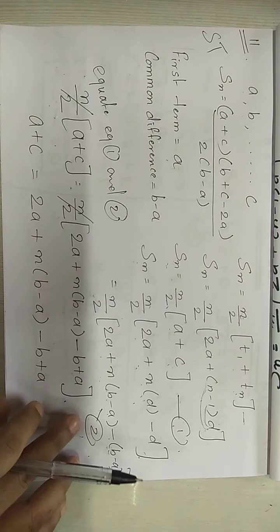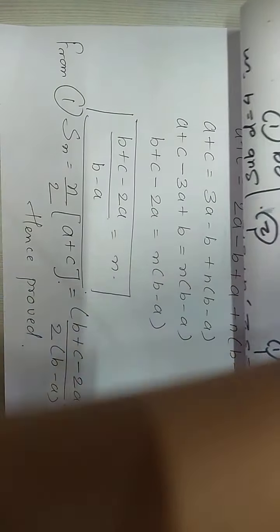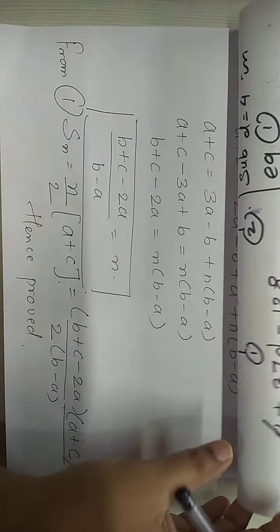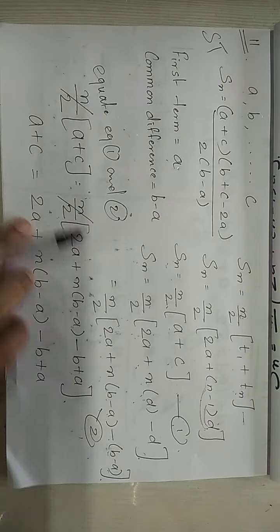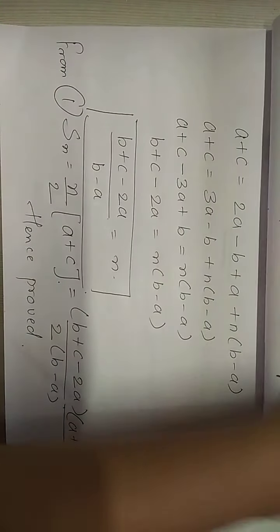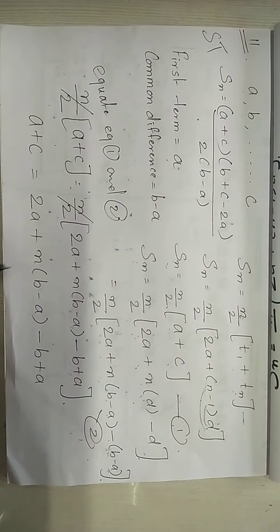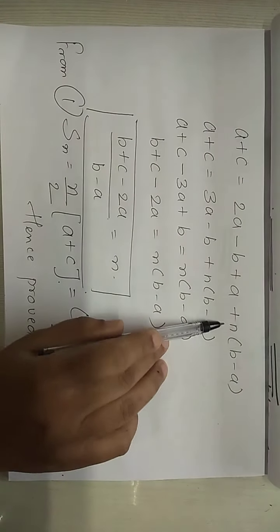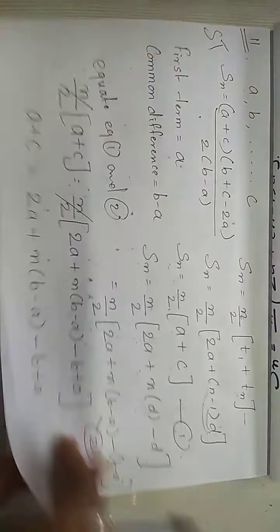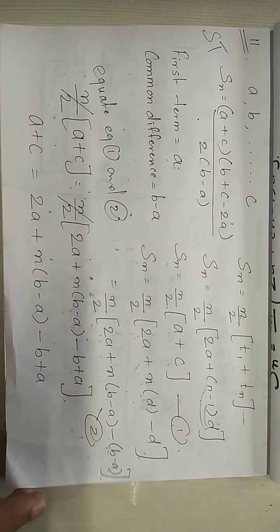Now the same a plus c, I am writing it on the next page. See, on the next page we have a plus c equal to 2a, then n (b minus a) is shifted behind here, and minus b plus a is shifted further.